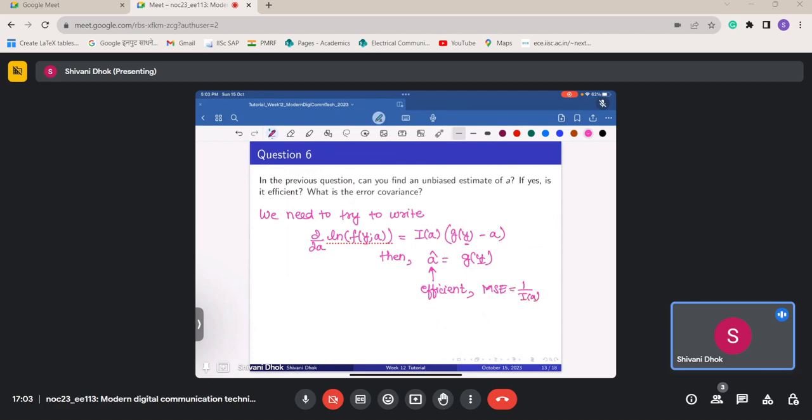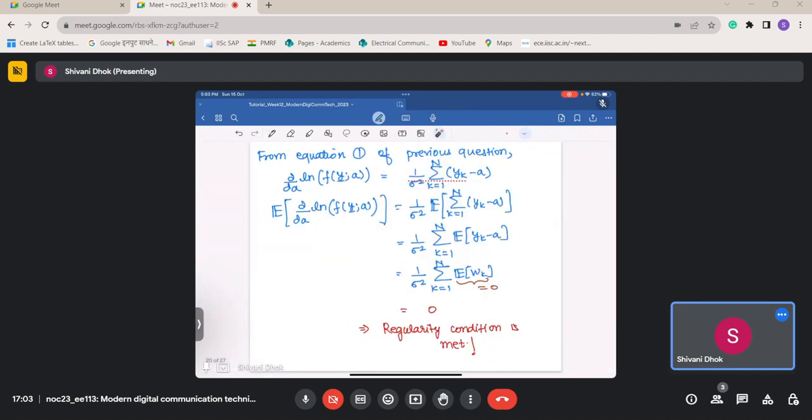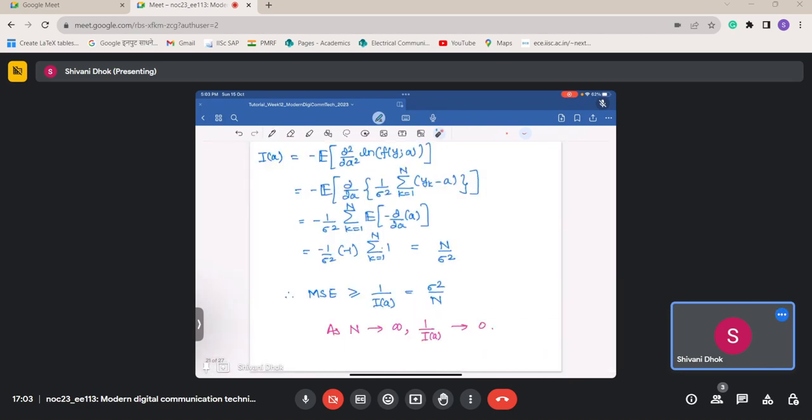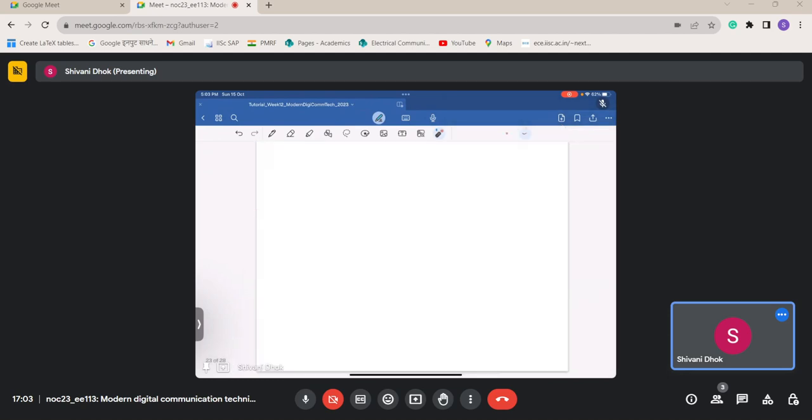Okay. So now let us see this factor here. We had derived that. So this thing is equal to 1 by sigma square summation k equal to 1 to capital N yk minus A. Okay. So here del by del A log of f of y given A comes out to be 1 by sigma square summation k running from 1 to capital N yk minus A. Okay, this is what we are having here.